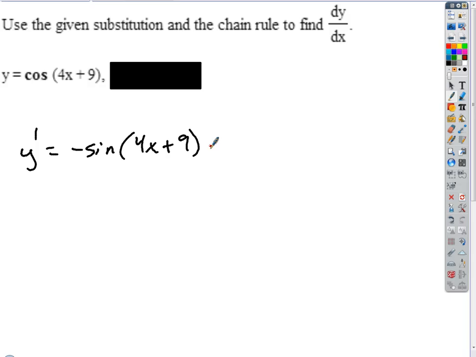Sometimes people wanted to do things like, well, this is maybe a bad example. When we get to one where it'll make more sense, I'll show you how that happened. What would the next layer be then if I peel away the cosine? 4, good. So we would just make that negative 4 sine of the quantity 4x plus 9. That is correct.